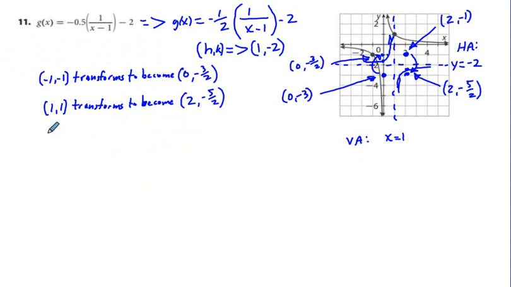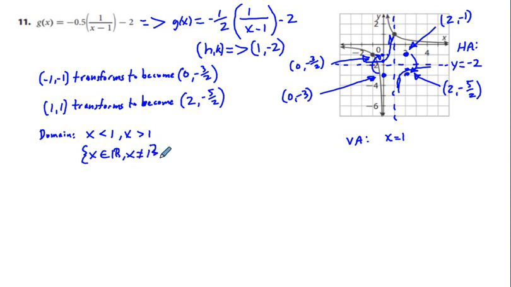Now, next, we have our domain and range. So we have domain. We're going to have x is less than our vertical asymptote, so less than 1, and x is greater than 1. In set notation, x is an element of all real numbers, but x cannot equal 1.